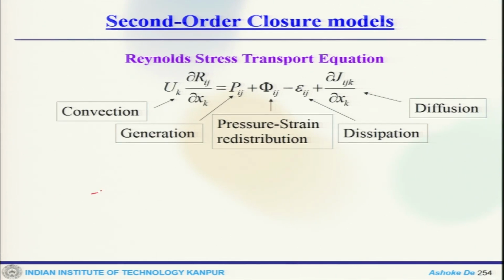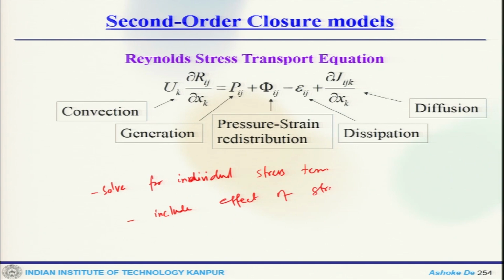Now you solve for each individual stress term, so it becomes quite computationally expensive, and it is also complex in nature, but it includes the effect of streamline curvature, sudden changes in strain rate, and secondary motions, and all these can be taken into consideration.